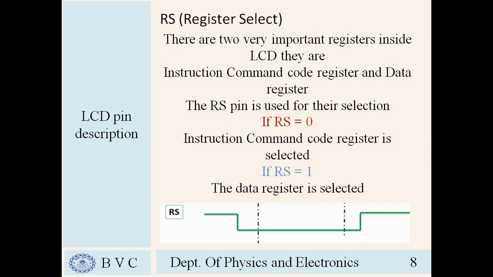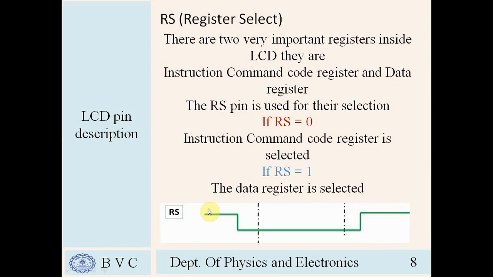If we put 0 on the register select pin, your intention is to give some instruction to the LCD, meaning the command code register is selected. If register select is equal to 1, you are sending some data, meaning the data register is selected.